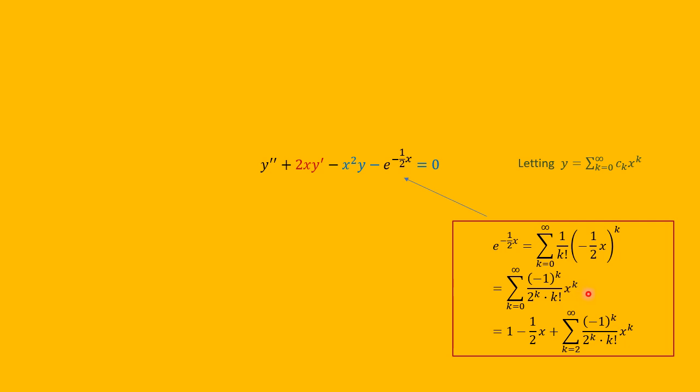Now, once again, let's write this slightly differently for ease of computation. Let's take out the first two terms from this series, and then write the rest of them, k going from 2 to infinity. The k equals 0 term here turns out to be 1. The k equals 1 term turns out to be minus 1/2 x, and then the rest of the terms are here.